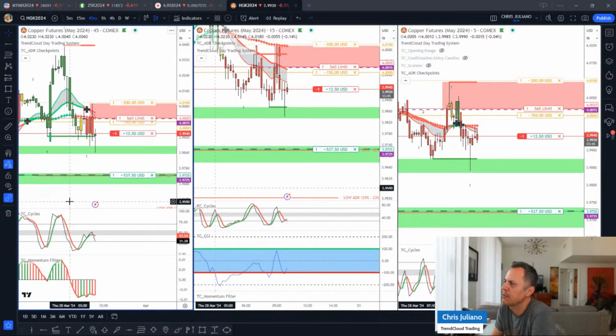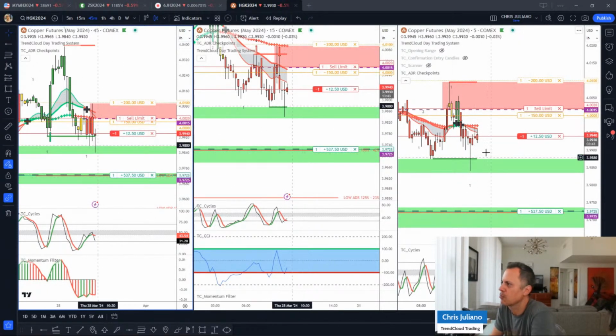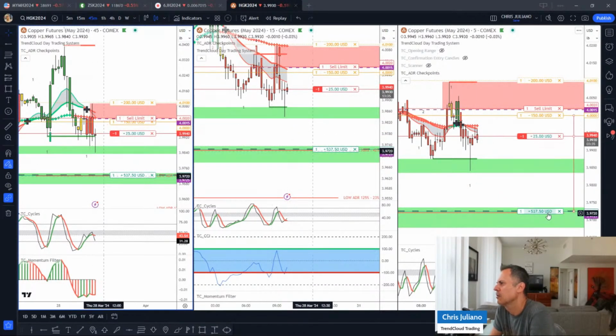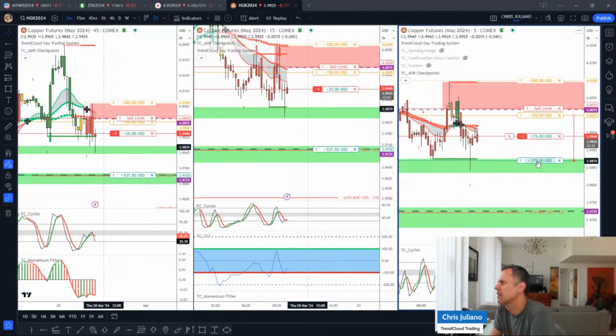We really want to see everything break past this demand zone here. Now, if I saw that sooner, right there's your 1-to-1.